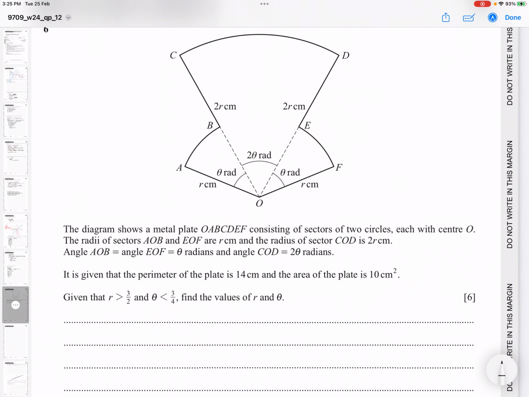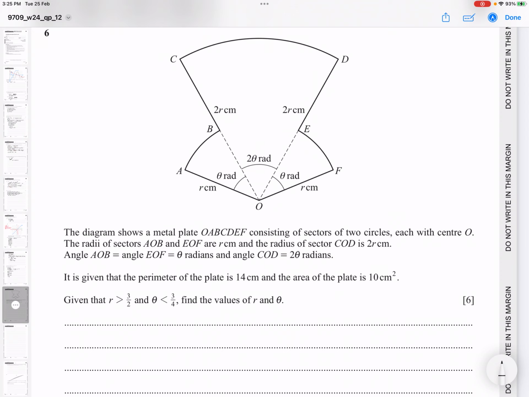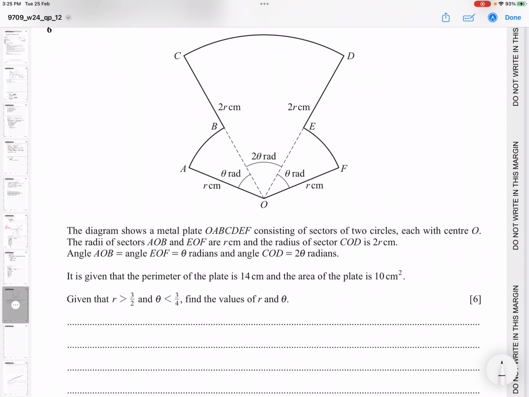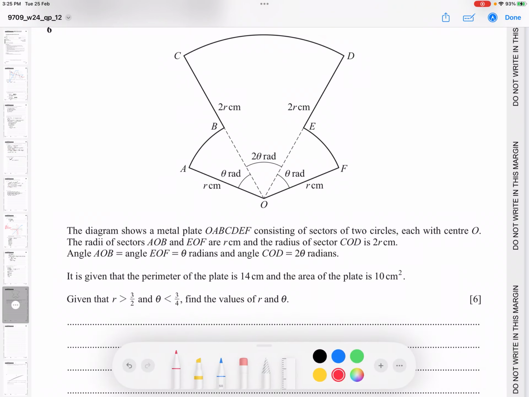So be careful while solving it. So area of sector, I'm going to use the formula 1 over 2 r square theta. So I have to find areas of sector AOB and EOF. This is my AOB and this is my EOF.